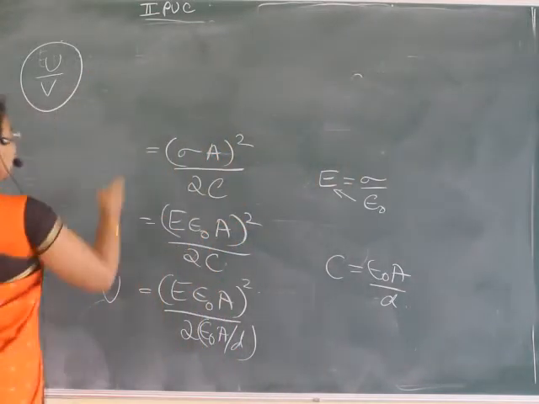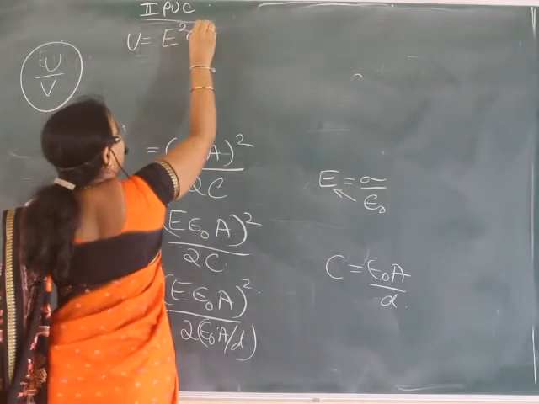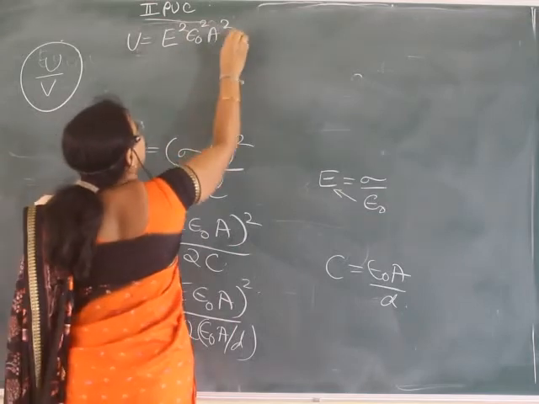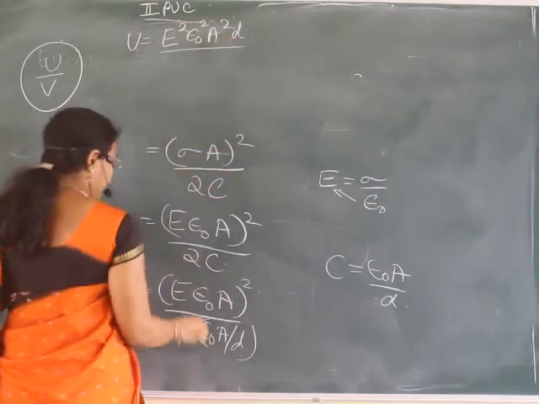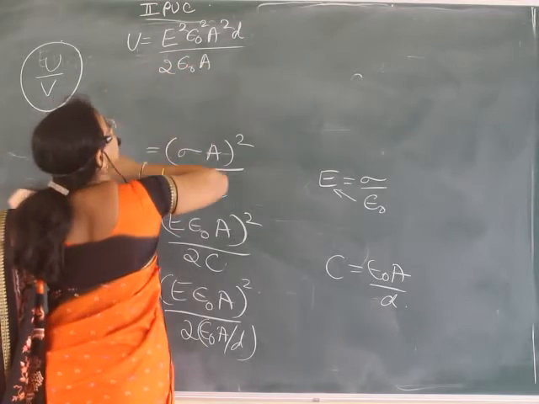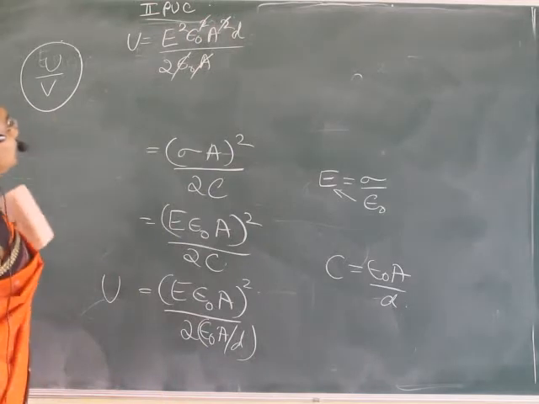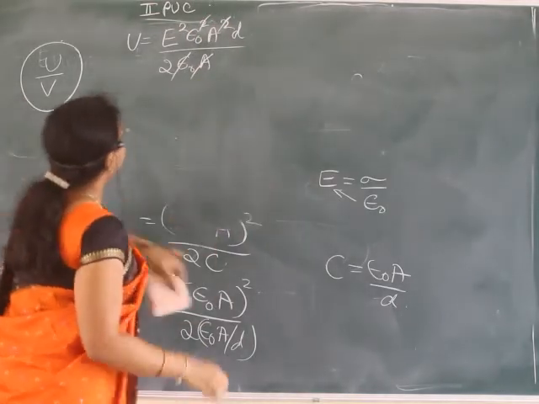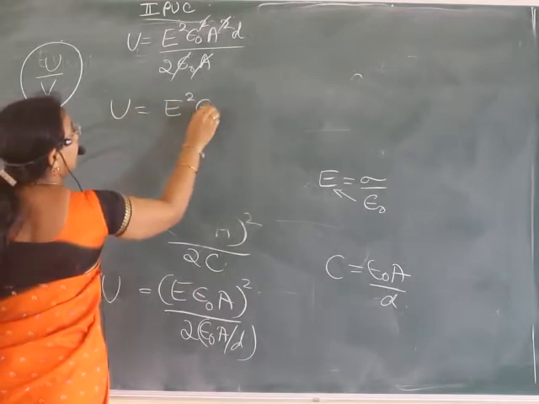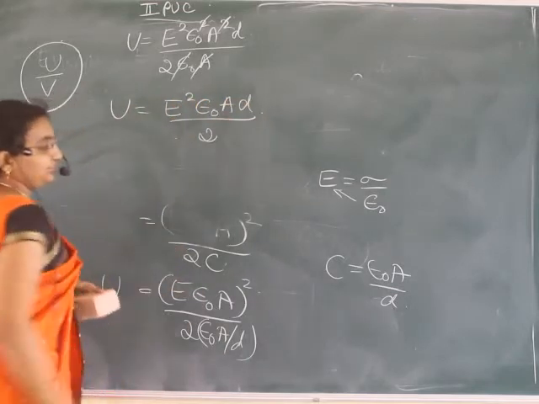Can you help me? U is equal to E square epsilon naught square A square into D divided by 2 epsilon naught A. One epsilon naught and one A will get cancelled. So the remaining is U is equal to E square epsilon naught AD divided by 2.